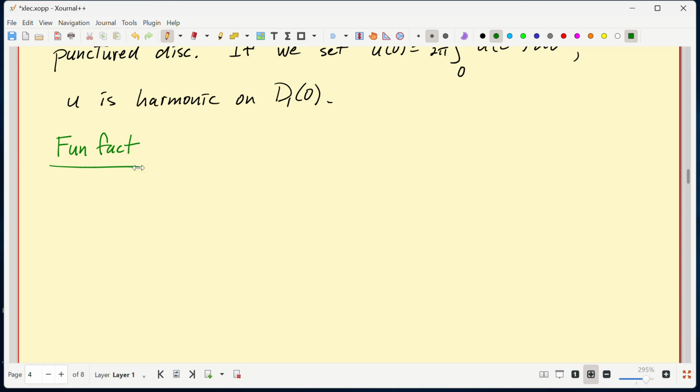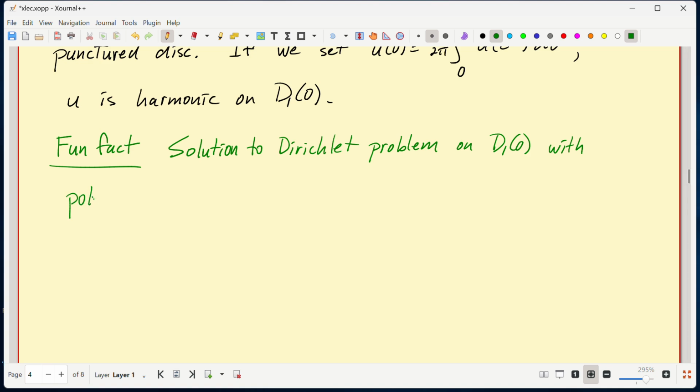If you look at my little paper on something about Poisson and Dirichlet, if the solution to the Dirichlet problem on the unit disk with polynomial boundary data is a harmonic polynomial.